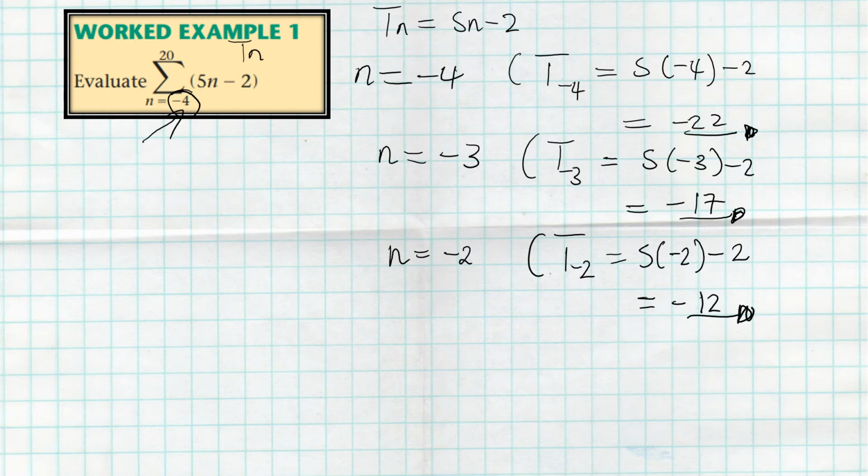So the first three terms being added are minus 22 plus minus 17, and plus and minus is just going to be minus 17, minus 12, plus and so forth, right?